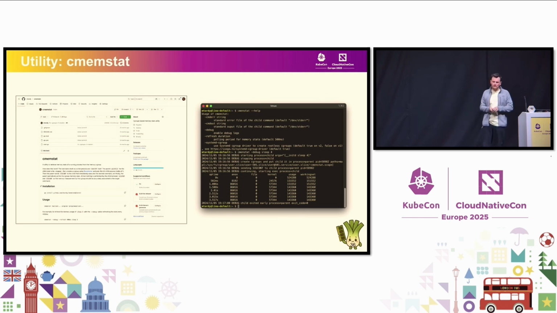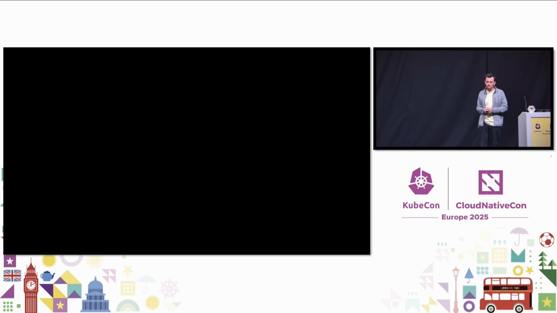What this little utility does is that you can give it your program and its arguments, and it will start your process as a child, put it into a cgroup, and monitor the stats that come from this cgroup's memory stats. The idea is to print it regularly, a bit like simulating what we could do with Prometheus and Grafana, trying to see the evolution. So this is a very small utility, but it can be helpful if you don't want to spawn your own entire Kubernetes cluster.